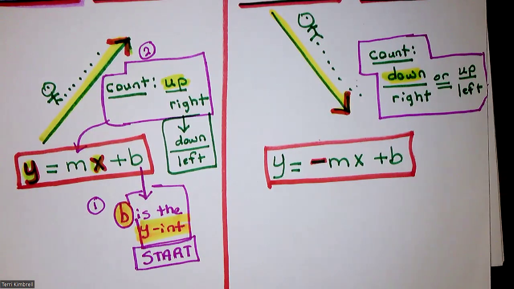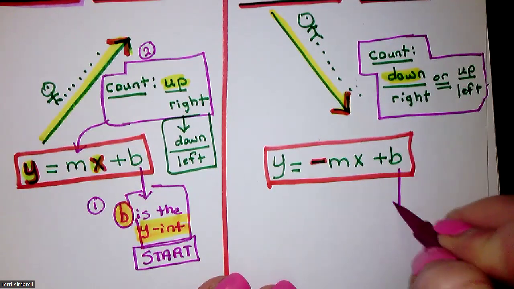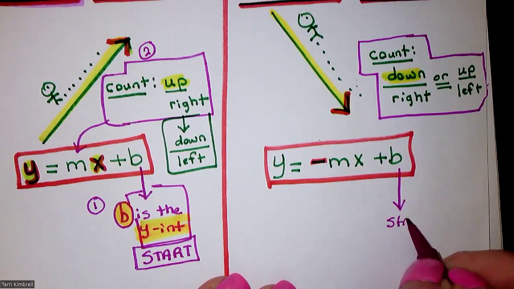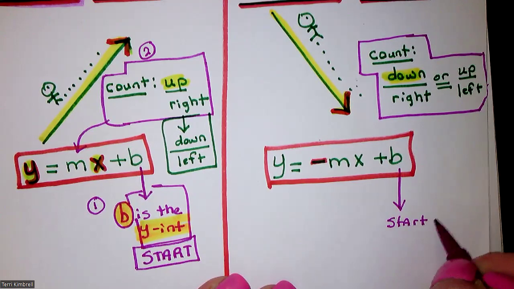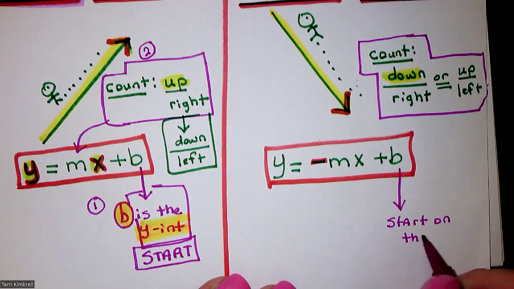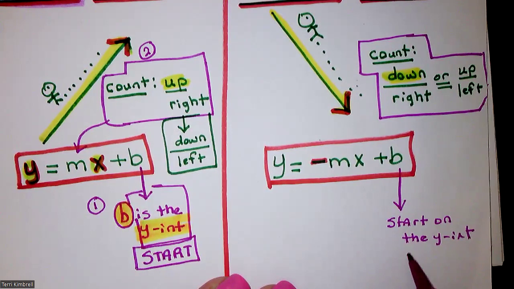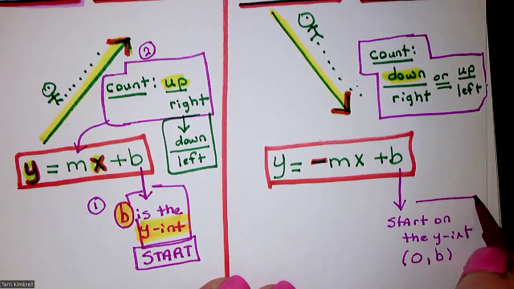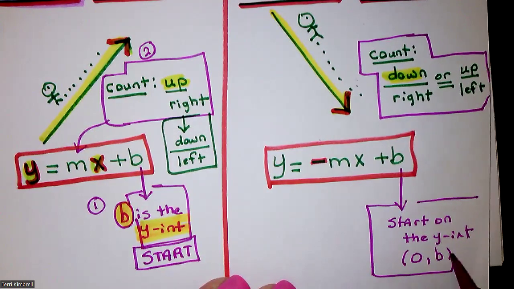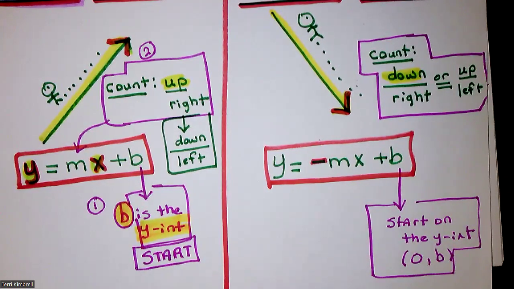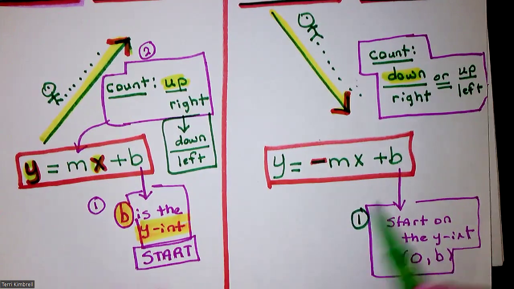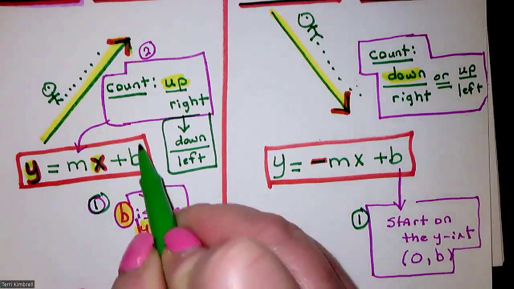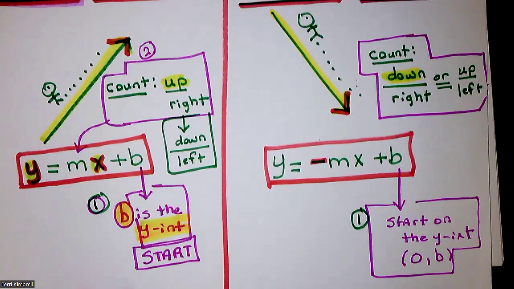You are still going to start on the y-intercept. You still start on the y-intercept. So whatever number that is, you're going to put a dot. It's going to be right on the y. Okay, so always start here. Always plot your y-intercept first.